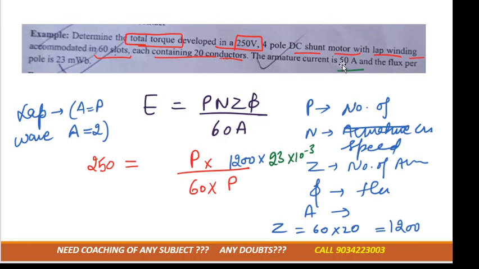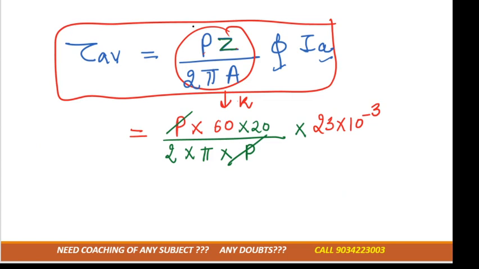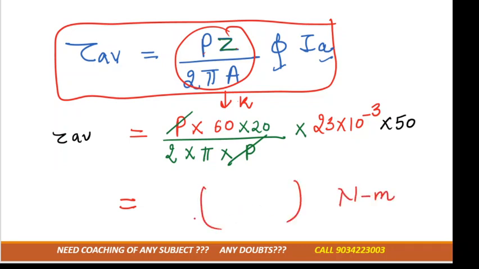And the armature current Ia is 50. So we have all the values. After calculating we'll get the value of torque, and the torque unit is Newton meter. Now you can solve it and you will get the value of average torque. Correct?